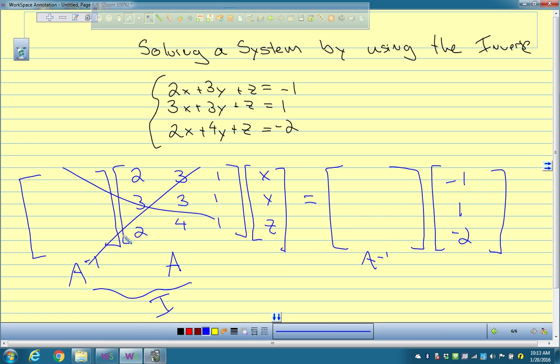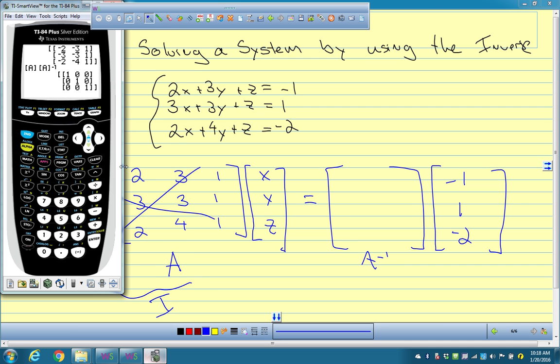So this is how you do it on your calculator. You just plug in these numbers into matrix A. So I'm going to go second matrix, edit matrix A, which is a 3 by 3, okay?